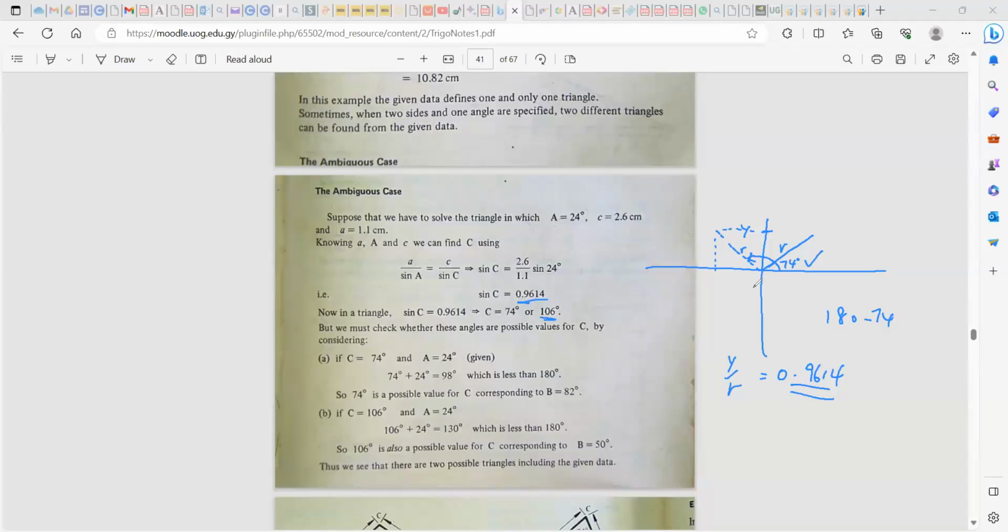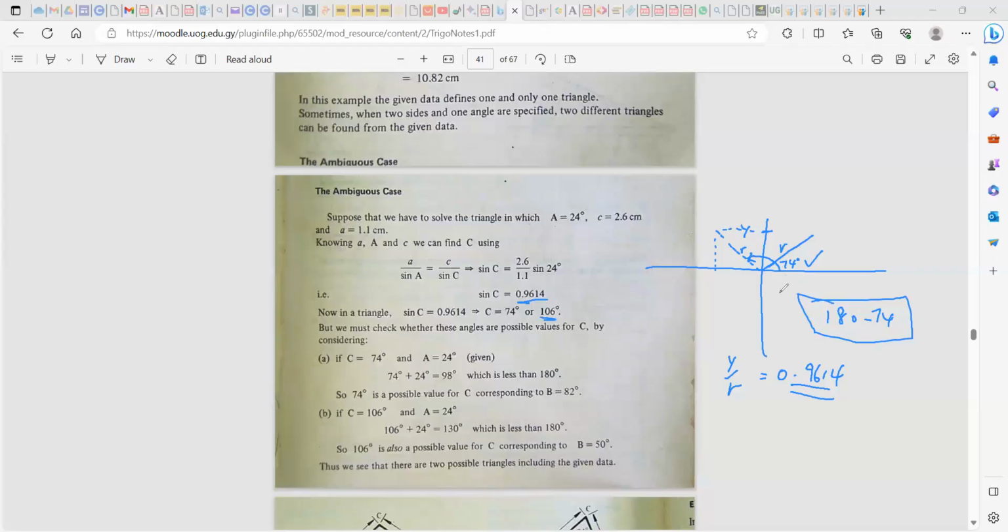Well, we were concerned here with a triangle, so we're sticking to angles that are less than 180. So here we have another angle, if you measure it from here to here, whose y coordinate over r is also 0.9614. And that's where you got the 106 from, right? Somebody suggested we subtract 74 from 180. And that's because of some geometry here, right?